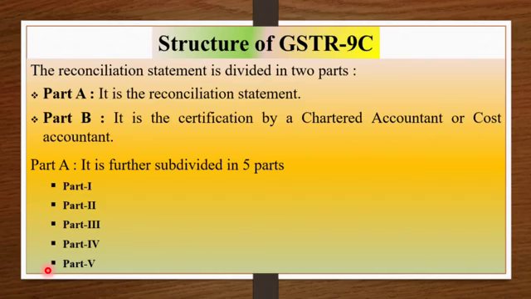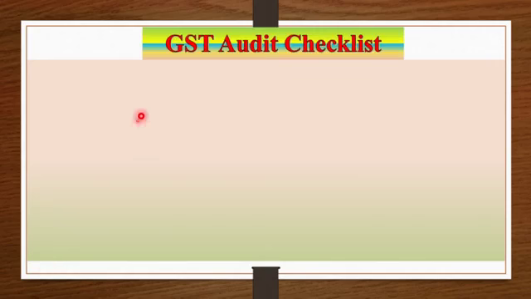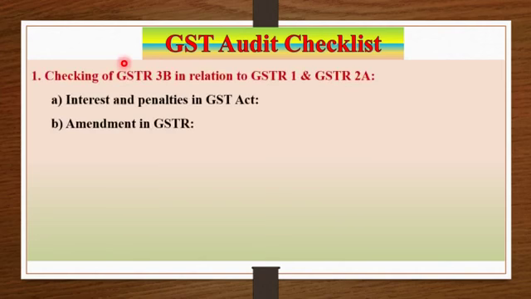And now the last topic is the GST Audit Checklist. So students, as per the GST Audit Checklist, stricter rules are now in force that make it absolutely necessary to analyze the data gaps between GST returns.